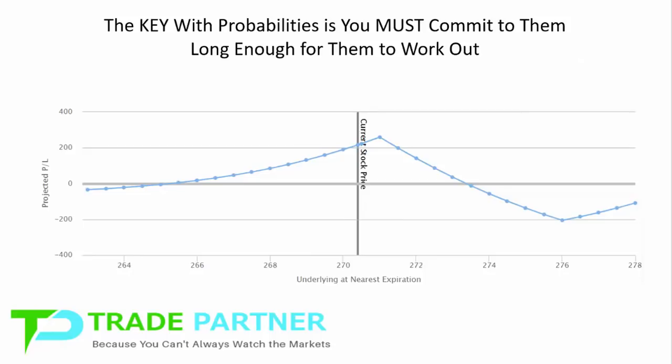It's pretty silly. So the key with regard to probabilities in option trading, if you're going to trade options, you have to commit to them long enough for the probabilities to work out. So you have to put the probabilities in your favor, which you can do, but then you have to commit long enough for those probabilities to work out.